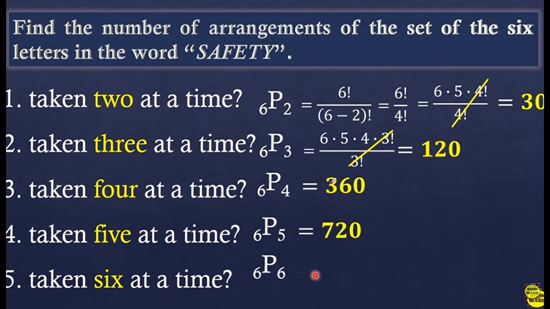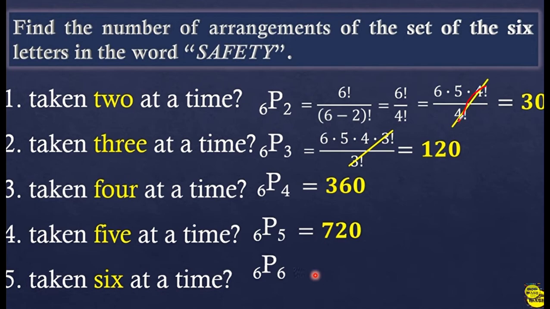If we take 2 at a time, so we have here the permutation of 6 taken 2 at a time. So that means P of 6, 2 here is 6 factorial over 6 minus 2 factorial. That is just equal to 6 factorial over 4 factorial. Why? Because 6 minus 2 is 4 factorial man. So we have 6 times 5 times 4 factorial over 4 factorial.